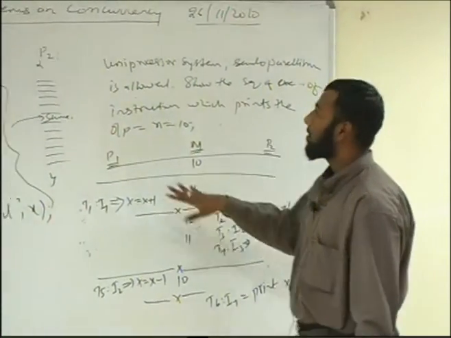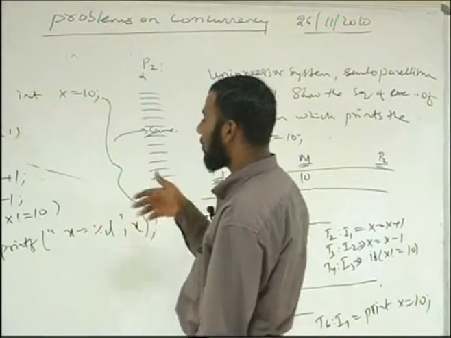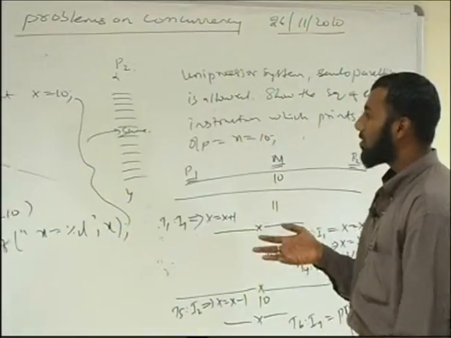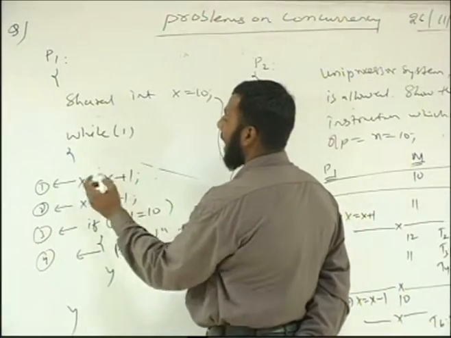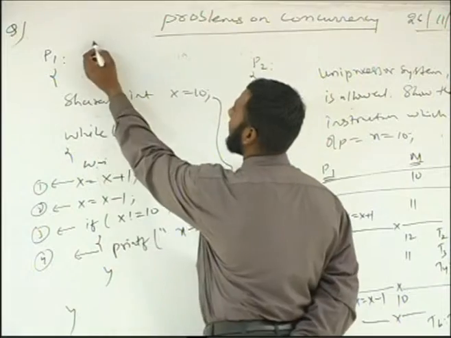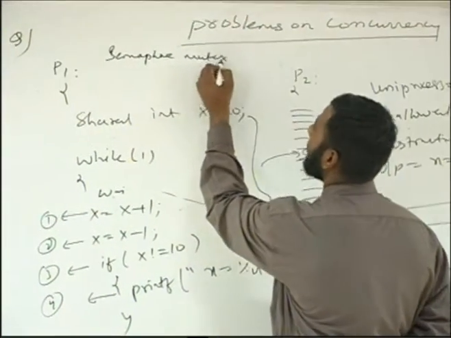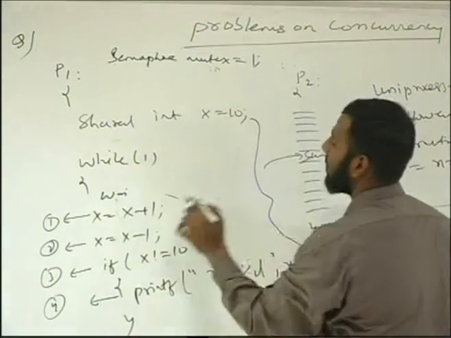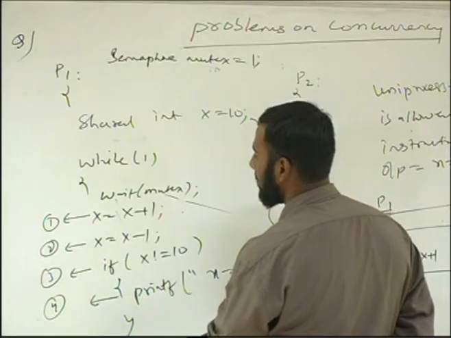Now it has to be controlled. How do you control this? How to rewrite this code in order to ensure mutual exclusion? Whenever I access the shared variable, I declare one variable, for example, semaphore mutex is equal to 1. So wait on mutex, then signal on mutex.